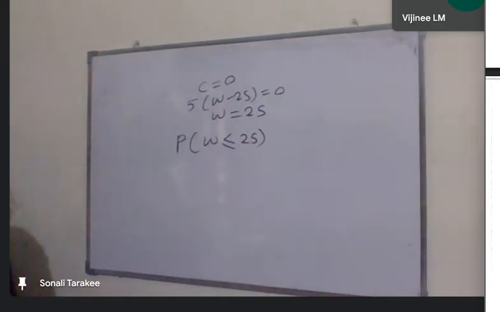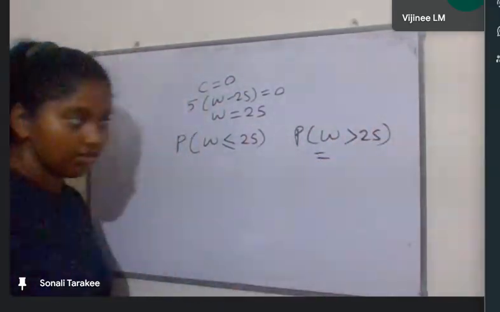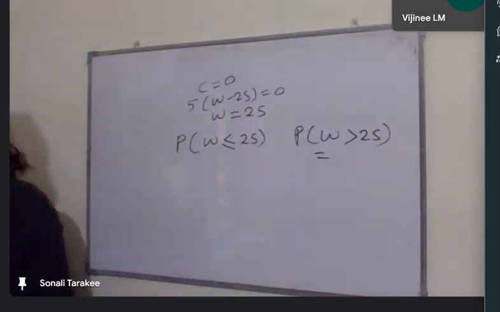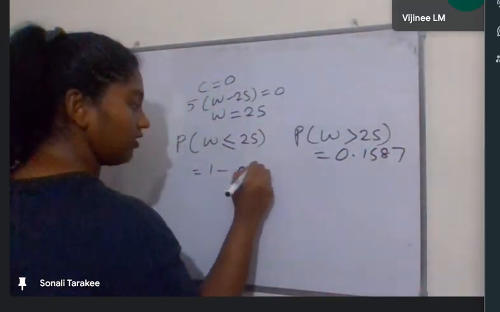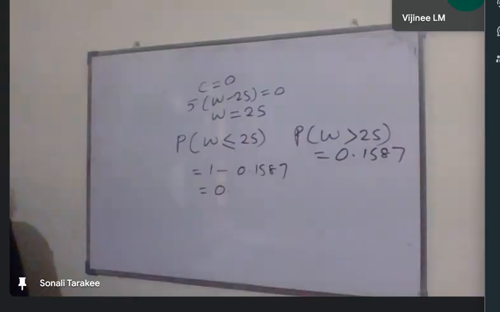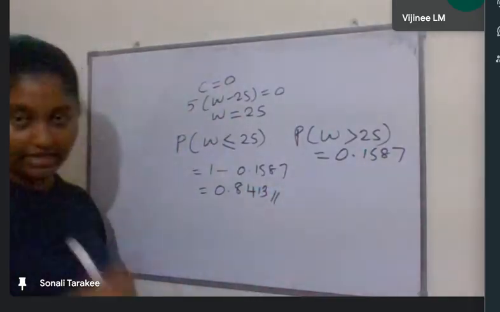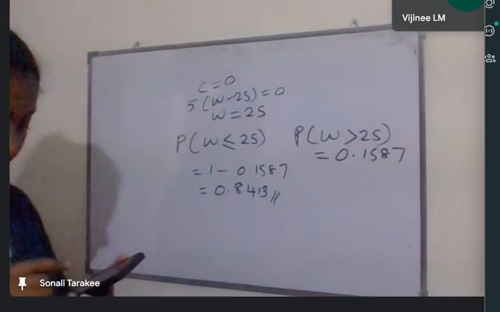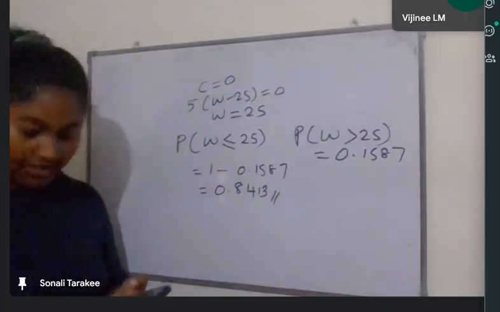Did you solve this one earlier? Earlier we solved P(W greater than 25), no? That value is 0.1587. So this value is 1 minus 0.1587, which is 0.8413. B part first question. Okay. And the next one is P(C equals 5).